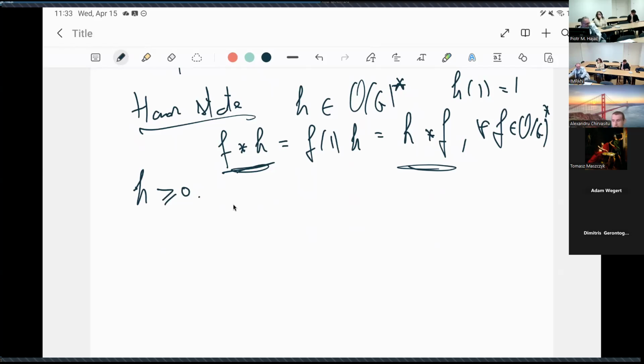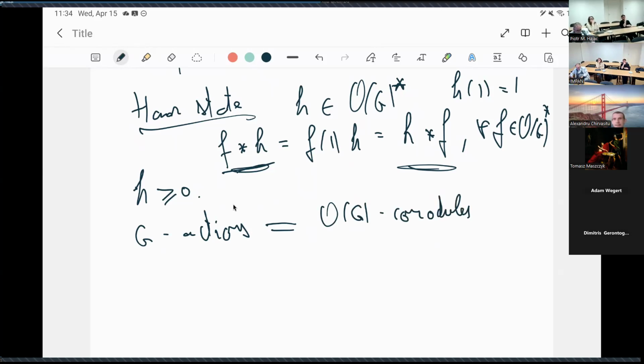The symmetries that you can encode as G acting on things are the comodules of O of G. So G actions means O of G comodules.